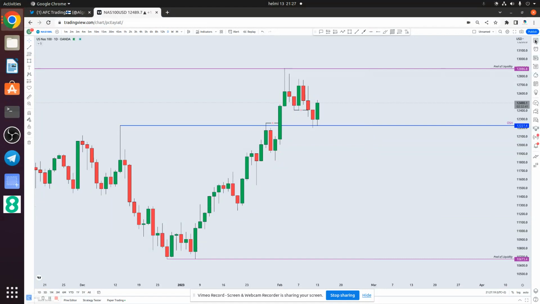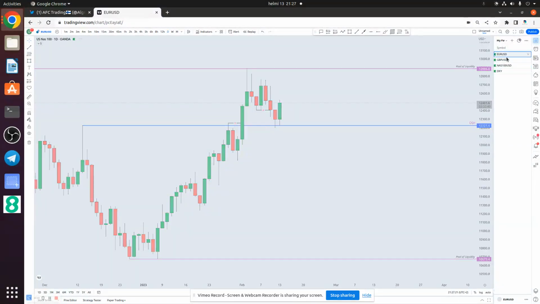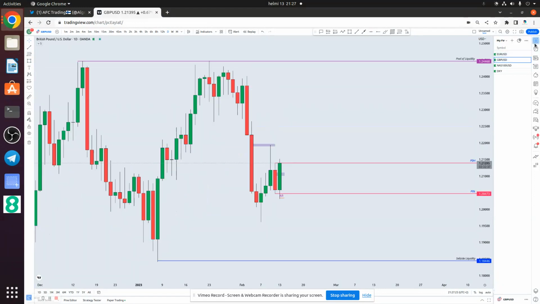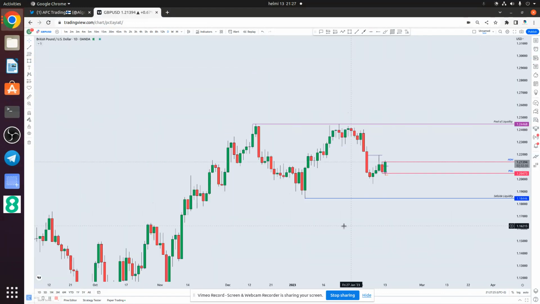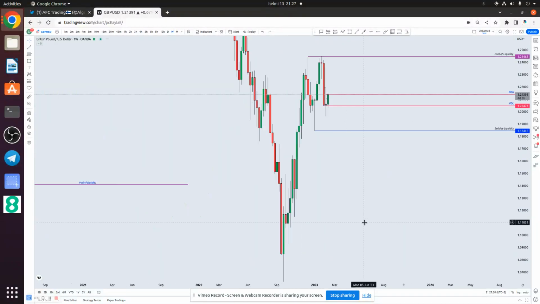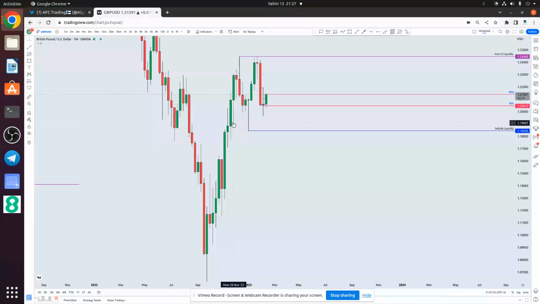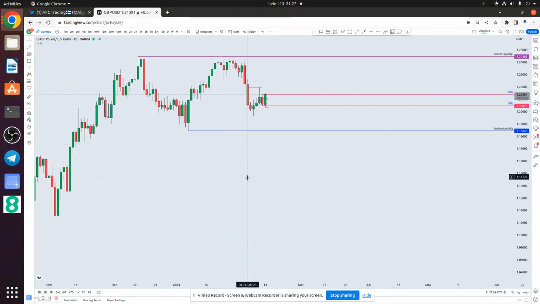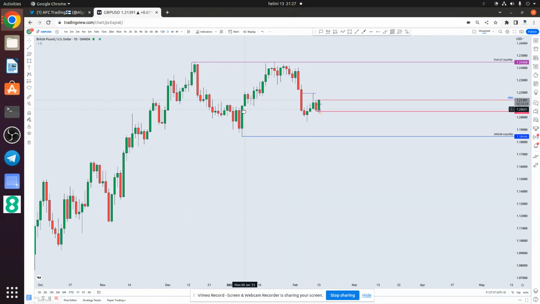Let me take you back here. Let me take you to GU. Why do you see this? Look at this. If we switch to weekly, there is nothing. It's just rejections. When you check it on the daily, there are some full candles. So the time frame where you saw the rejection or the break of structure is the same time frame that you have to use for your full confirmations.